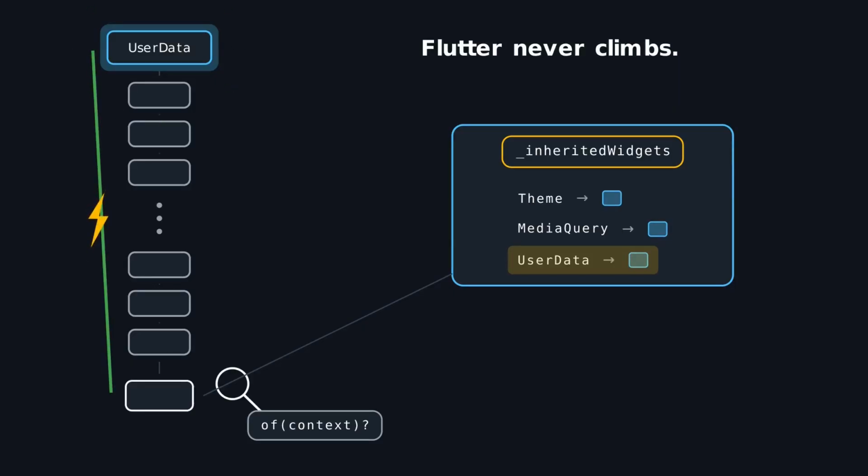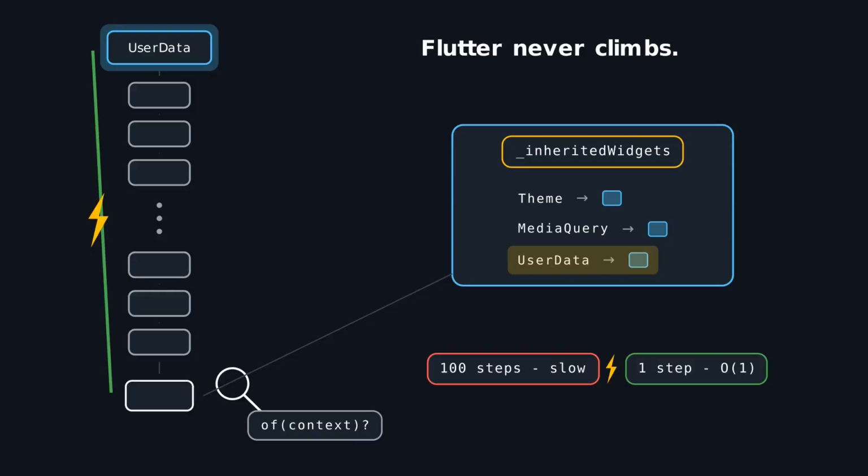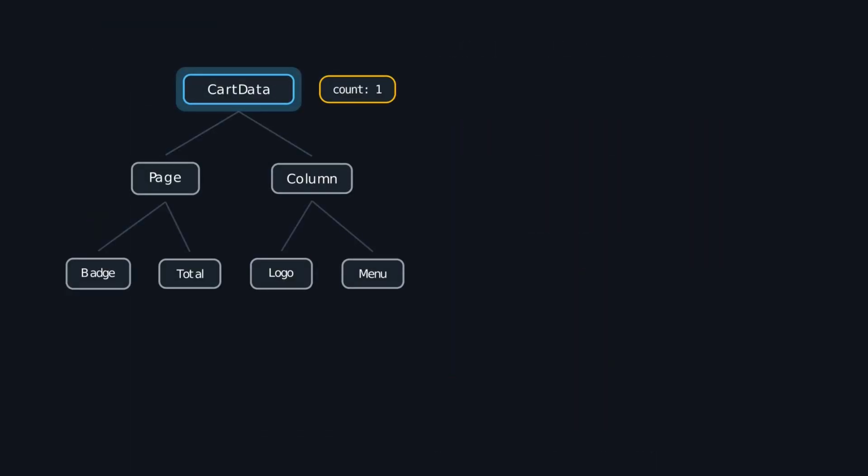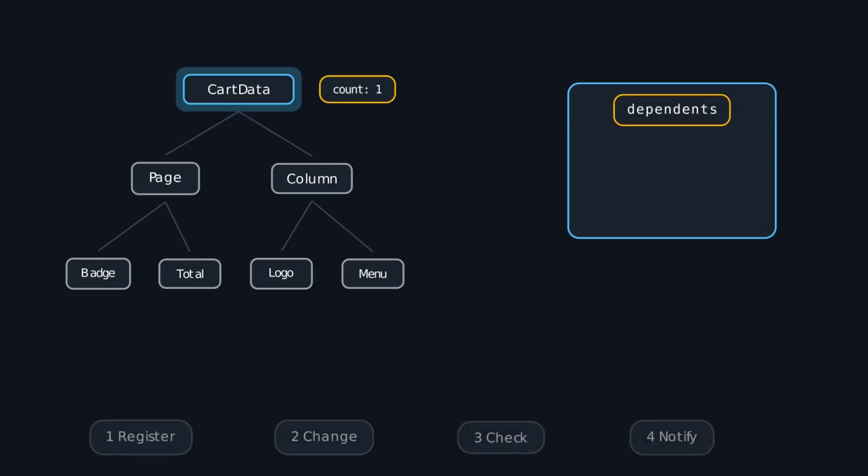O(1), instant. It's speed dial versus running up 100 flights of stairs. And that is why you can call Theme.of(context) anywhere at any depth in every build method and never worry about the cost.